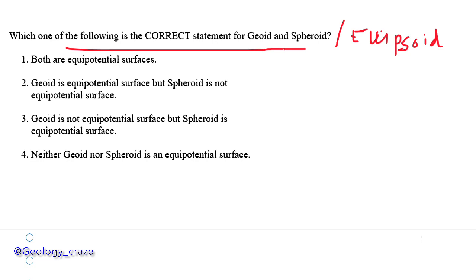Spheroid means a solid generated by rotating an ellipse about either the major or minor axis. Just remember the definition. If we rotate, we'll get some shape like this.